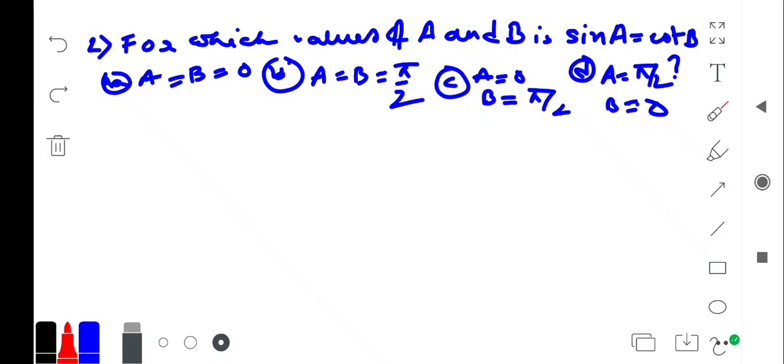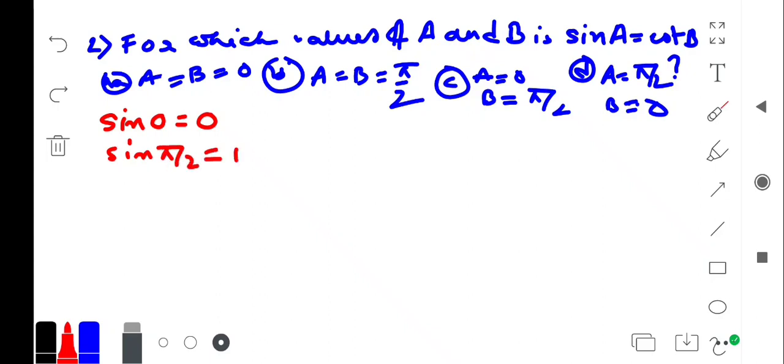So for which values of a and b is sin a equal to cot b? Now write: sin 0 equal to 0, sin pi by 2 equal to 1.